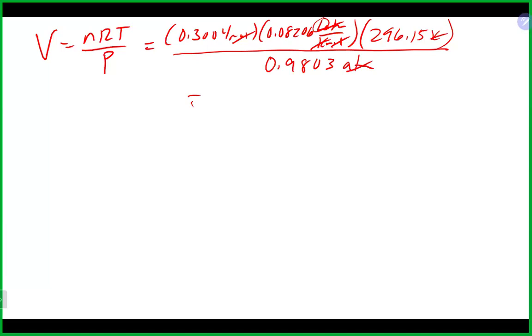And we will get 0.3004 times 0.08206 times 296.15 divided by 0.9803. It's going to give us something like 7.45 liters of CO2 produced in this case.